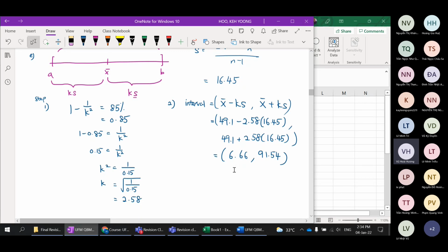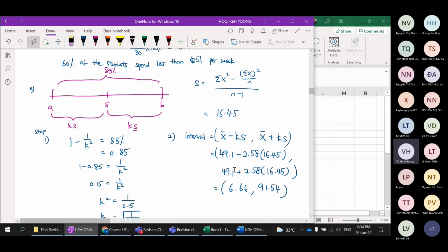So what it means here is 85% of your data will lie between 6.66 and 91.54. So 85% of the students will spend between $6.66 and $91.54.